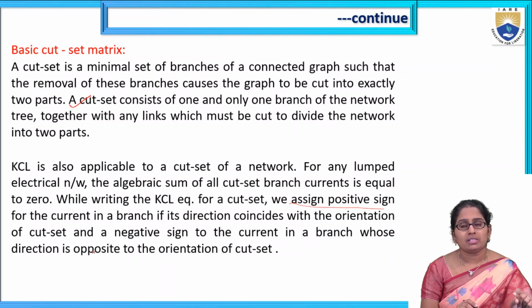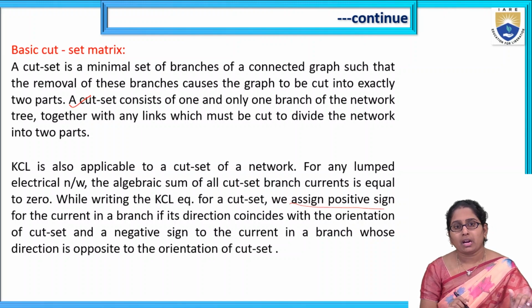Positive sign is taken if both, branch current direction and cut set direction, are the same, and vice versa. That means if they are opposite, consider the negative sign.